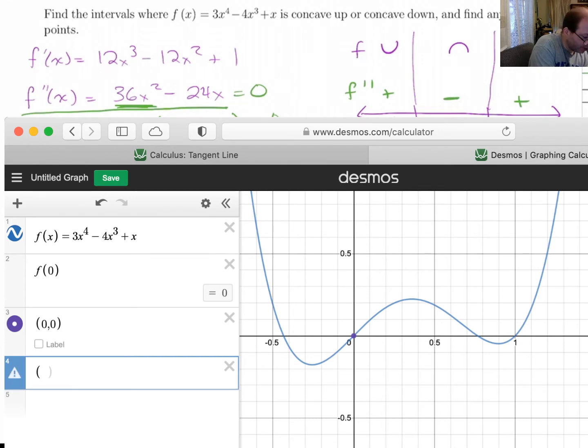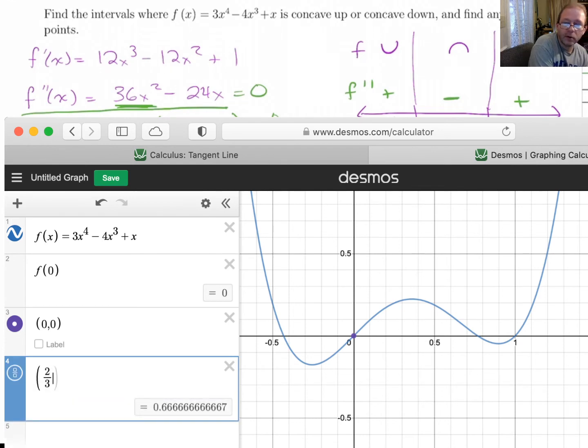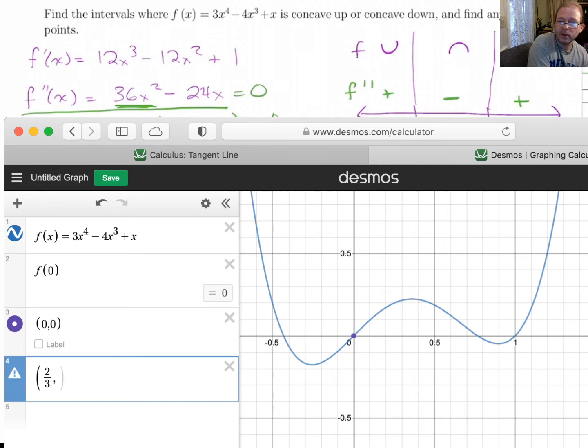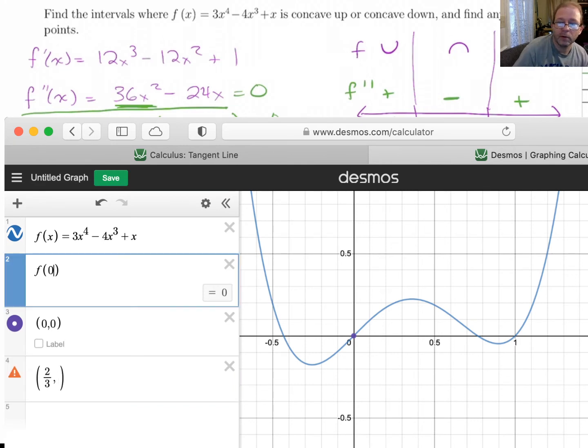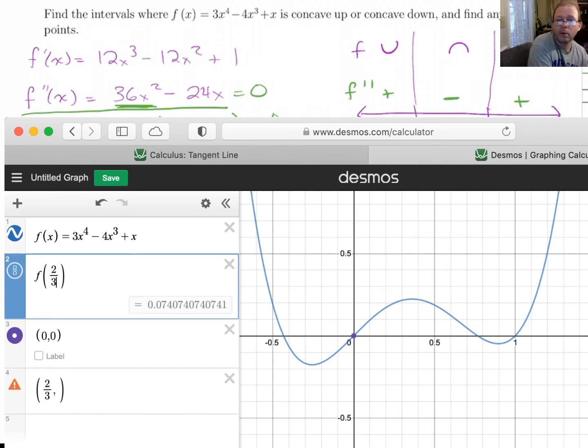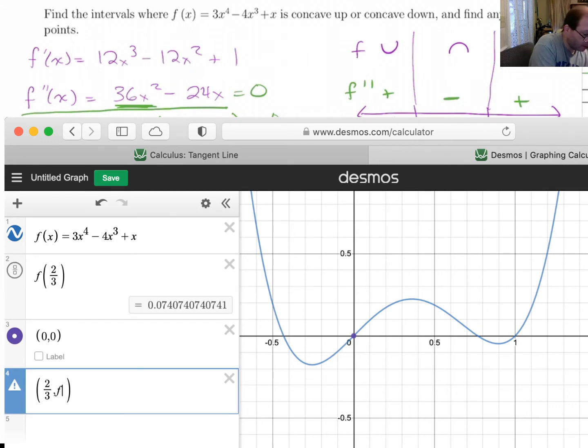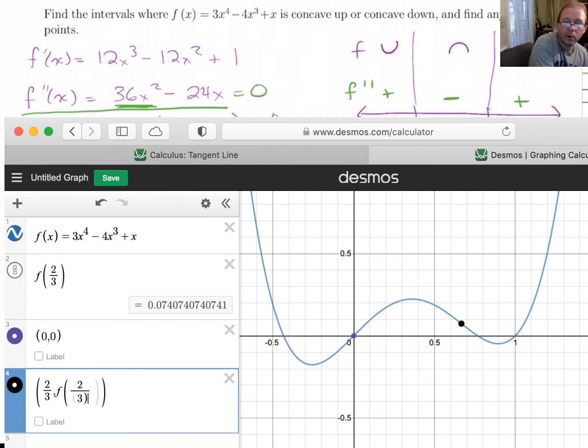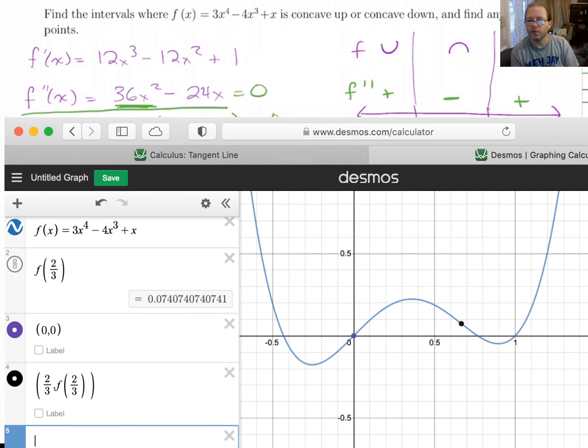The other inflection point is 2/3, comma, something, f of 2/3. All right, so those are our two inflection points.